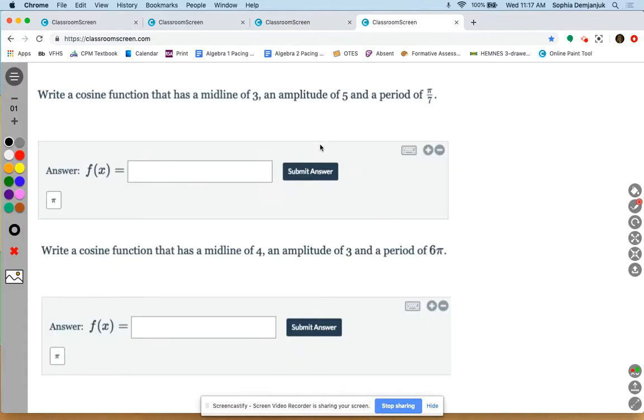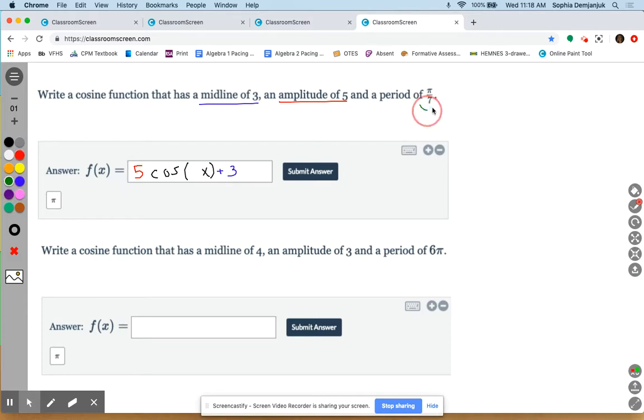We'll do 2 more examples where we actually have to solve for the frequency again. So write a cosine function. Instead of writing sin, I'll do cos. It has a midline of 3, so I add 3 to the end. Has an amplitude of 5, so 5 goes out in front of the cosine.